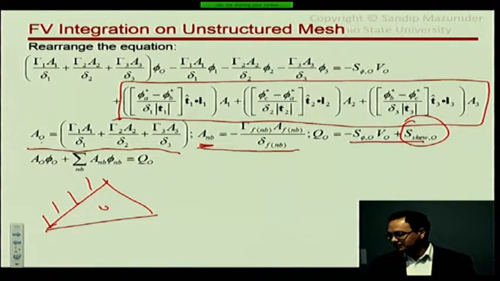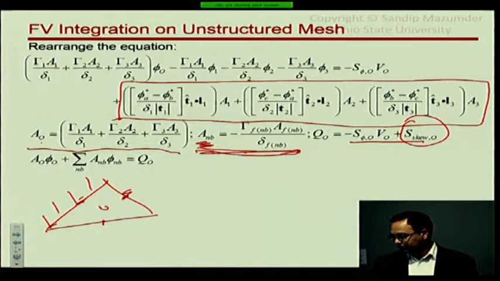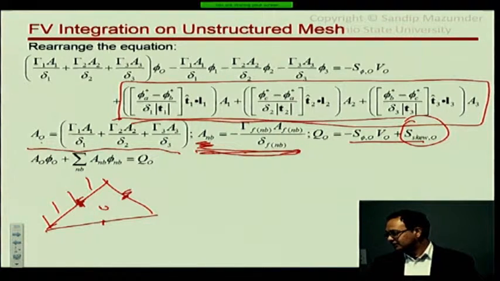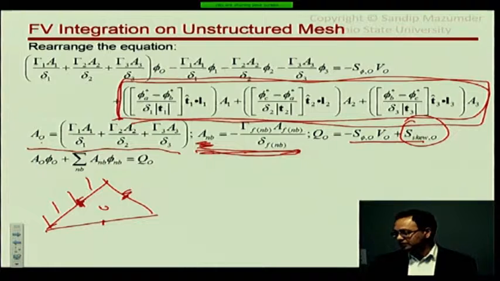For this face, I'm going to store my neighbor, okay. And then for this face, I'm going to store my neighbor. For this face, I'm simply going to set my neighbor to 0. Instead, what I'll do is I will later on add the contribution of that face as boundary condition, which I will show you later when we discuss boundary conditions. Okay, and then because of the tangential flux, this will get added to the total source at the very end.